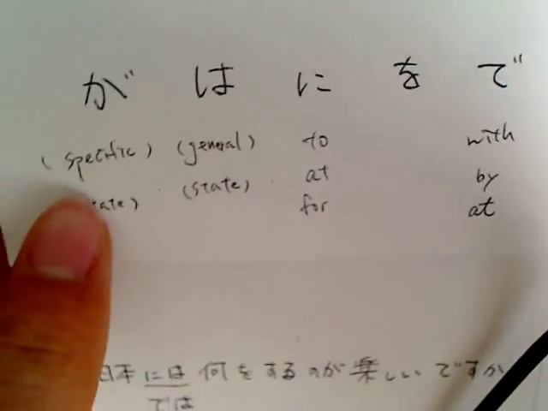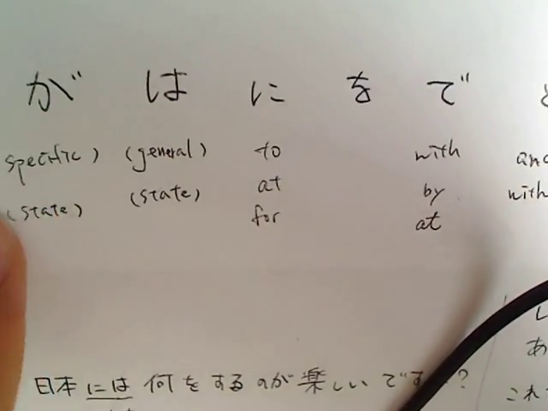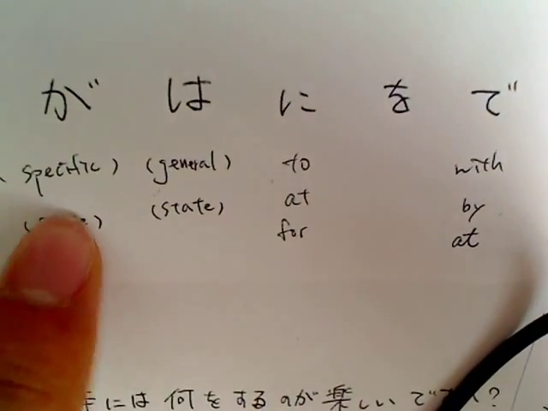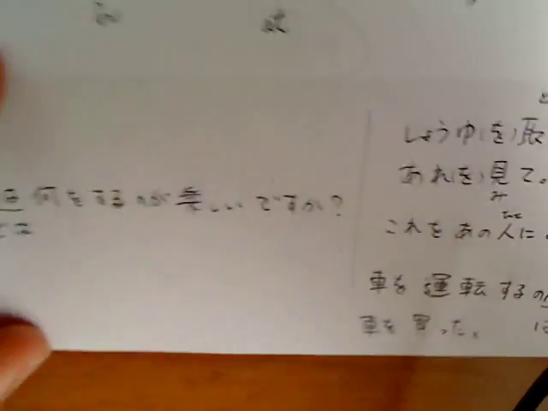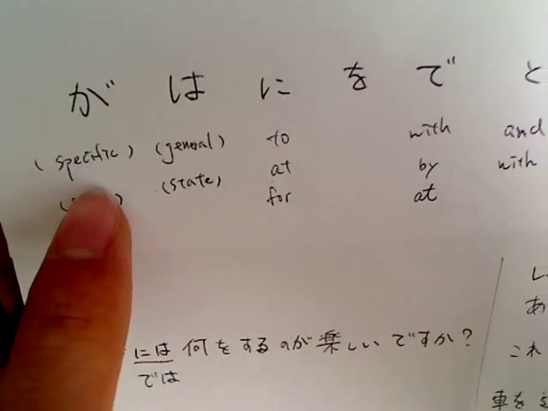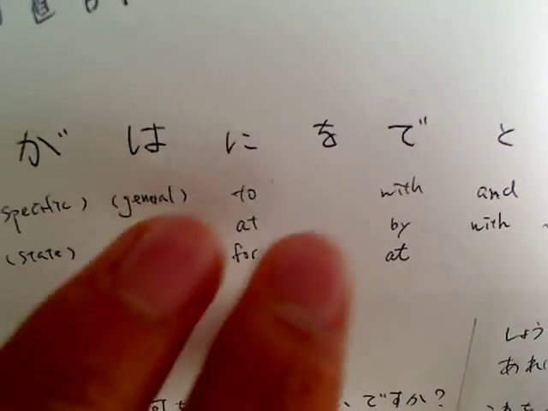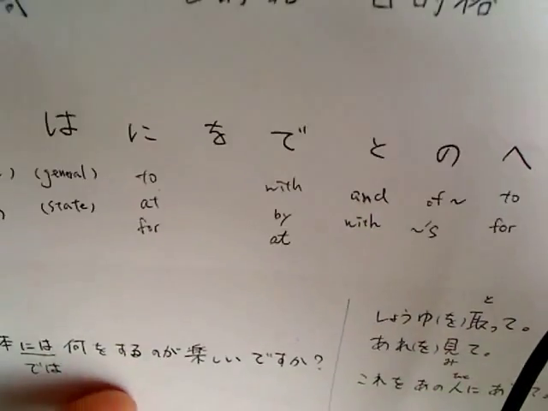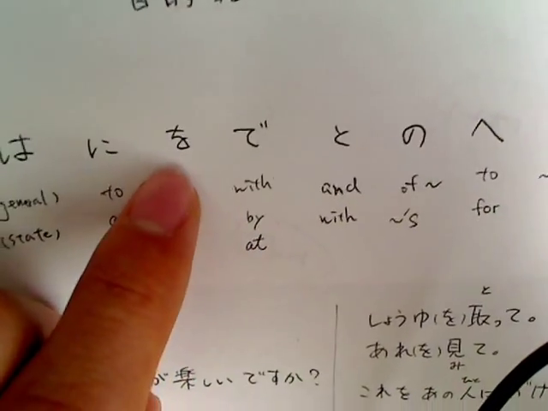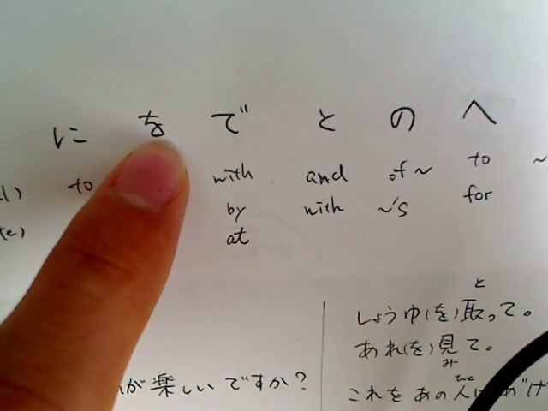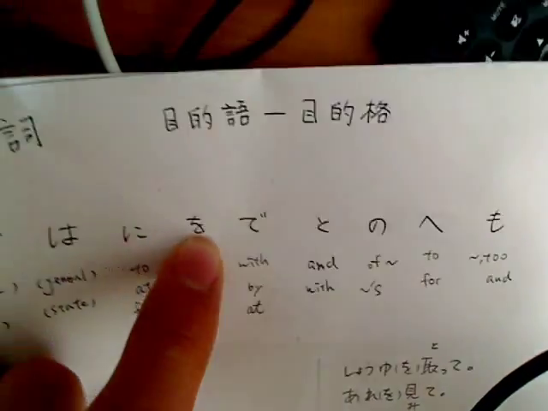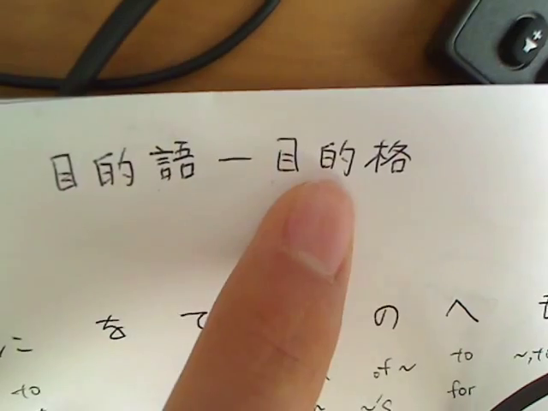I wrote down how they are used, and what feeling, what sense they have. These are not definite definitions, just rough, general definitions that I could think of. I couldn't think of an exact definition for wo, but wo is what we call mokuteki go, used as mokuteki kaku.